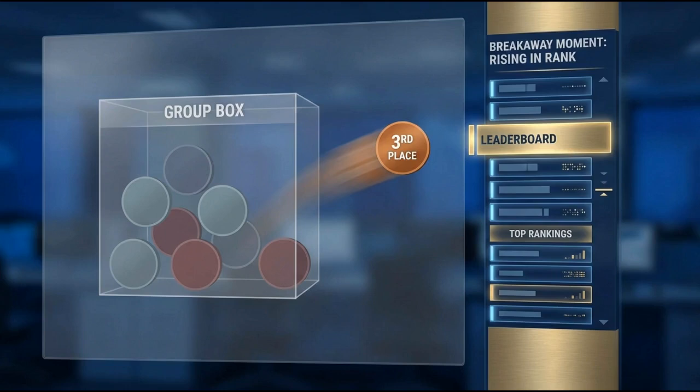Finishing third in your group does not eliminate you anymore. It used to, every single time, no exceptions. Now it puts you into a separate, invisible competition against the other 11 third-place teams scattered across the tournament. And only the best 8 of those 12 survive into the bracket. So when you're watching a match and a team is sitting third in their group with 4 points, they're not just hoping to climb past someone in their own table. They're also being ranked, in real time, based on the performance of all the other third-place teams.